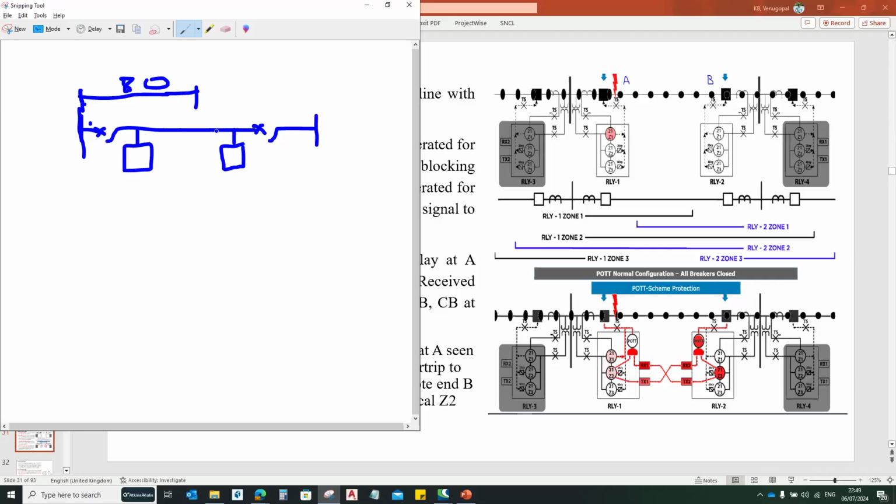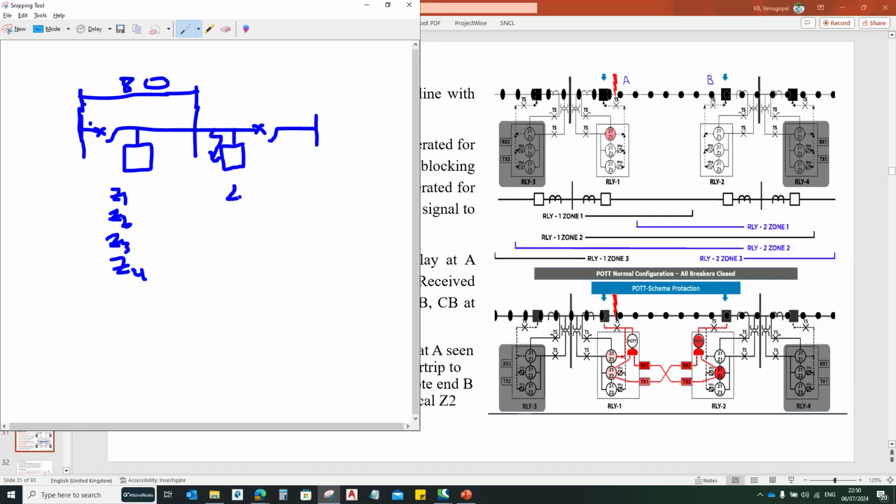Now let me check here. The fault is here. This is your 80%, so here zone 1 will be there, zone 2 will be there, zone 3 will be there, and zone 4 will be there.